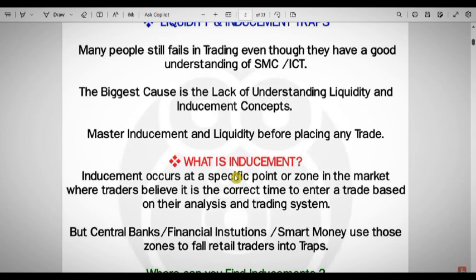So you need to make sure that you actually master inducement and liquidity in order for you to master your strategy, whether it is trend lines, whether it is Wyckoff, whether it is CRT, whether it is BB, TMM, I don't know, whatever strategy, okay? Even those indicators, you need to make sure that you have the understanding of liquidity, because liquidity is the fuel of the market. So you need to master liquidity, okay?